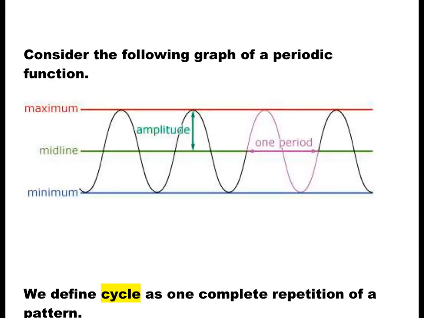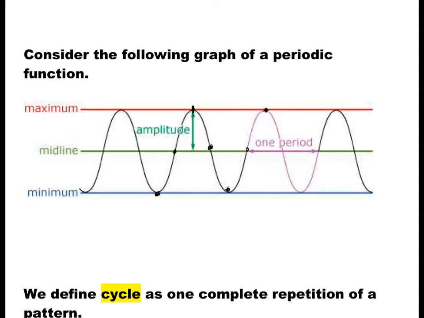If you consider this graph, you can see that this function is just repeating the same pattern. You can look at it this way: it starts from the minimum, then it goes to 0, the midline, then it goes to maximum, then it goes back again to 0, minimum, 0, maximum, and so forth.